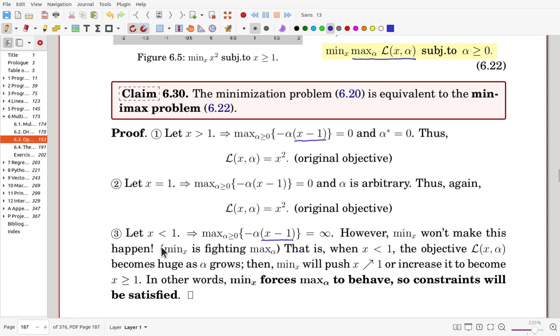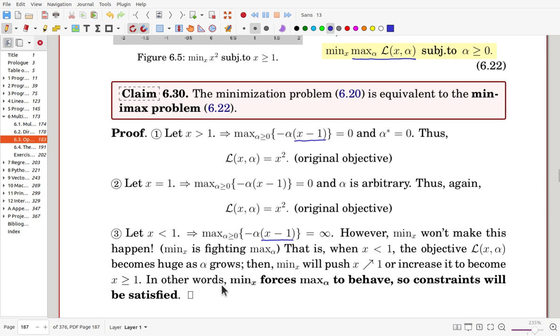In fact, the minimization part is fighting the maximization part. When x is violating the constraint, the objective becomes very large, so the minimization will push x to increase, so that eventually x becomes larger than or equal to 1. That means it satisfies the constraint.